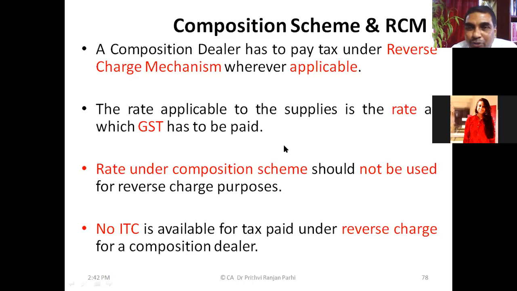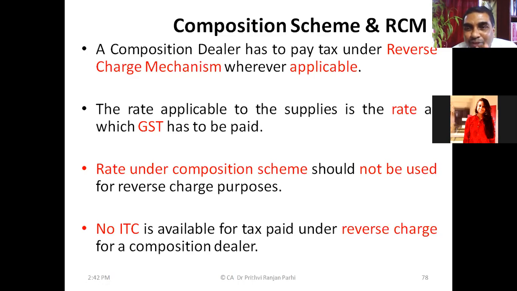These concepts are clear to you or not? In this first chapter, our intention is to cover all these concepts very deeply and thoroughly. If you are able to do this, you will have a very good command on the subsequent chapters. You will find subsequent chapters very easy. Right now we are focusing that you should understand everything about GST in the first chapter.